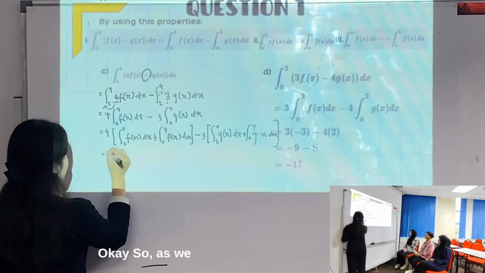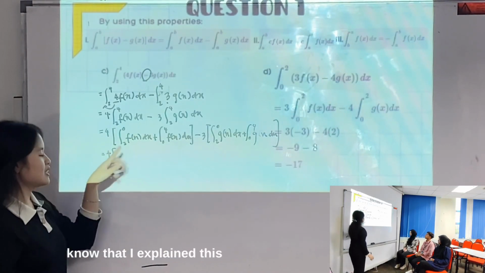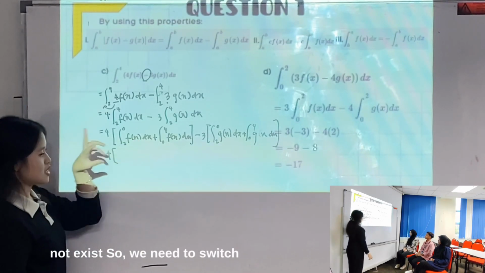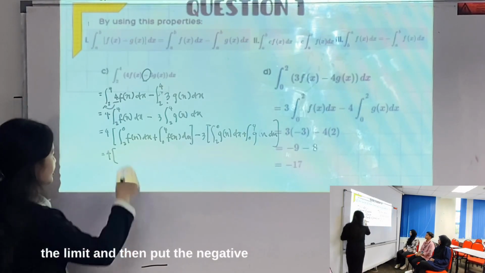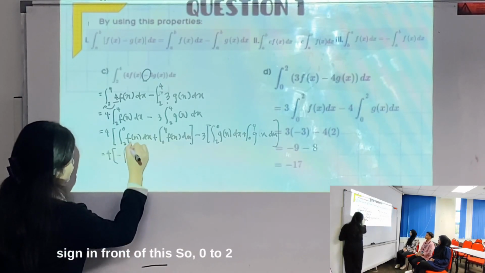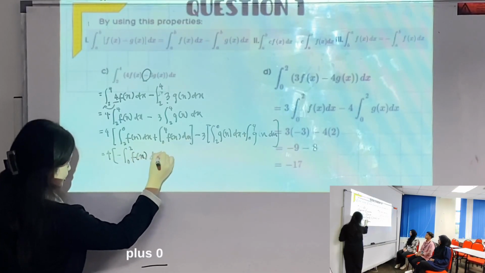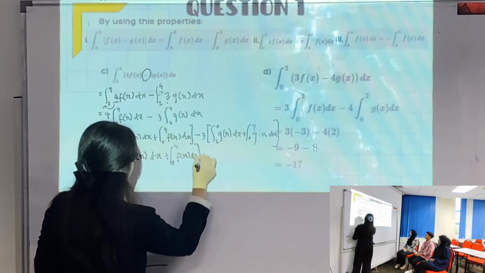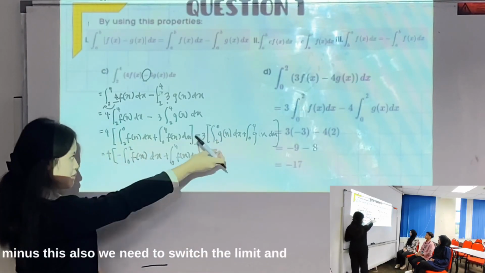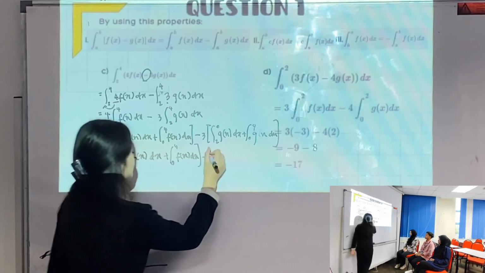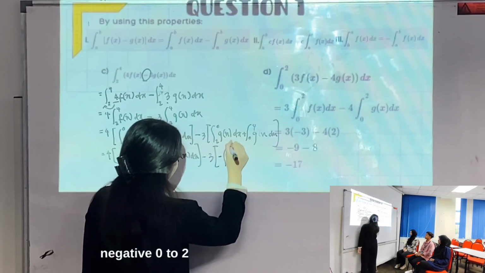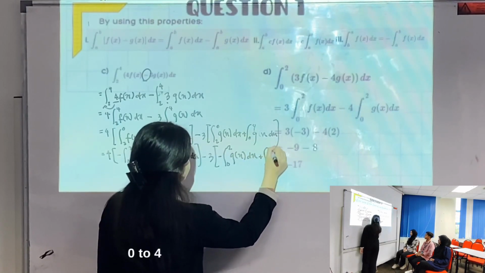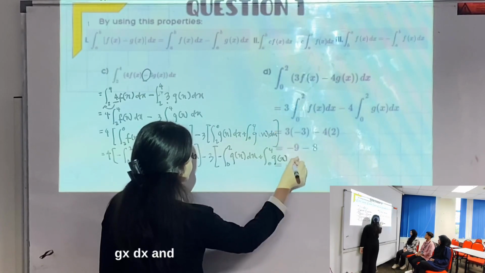As I explained earlier, this limit does not exist, so we need to switch the limit and put the negative sign in front. So negative 0 to 2 of f(x) dx plus 0 to 4 of f(x) dx, minus, this also we need to switch the limit and put the negative sign in front of it, negative 0 to 2 of g(x) dx plus 0 to 4 of g(x) dx.